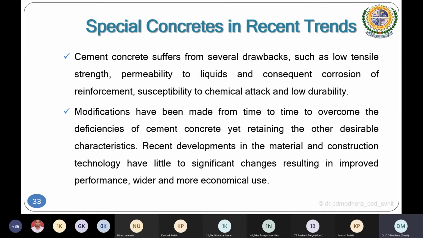That's why. So modifications have been made from time to time to overcome the deficiency of cement concrete, yet retaining the other desired characteristics. Recent developments in material and construction technology have brought little to significant changes, resulting in improved performance and wider, more economical use. Right. So these are just some points written over here.